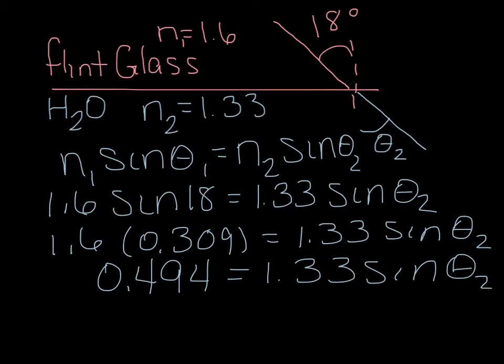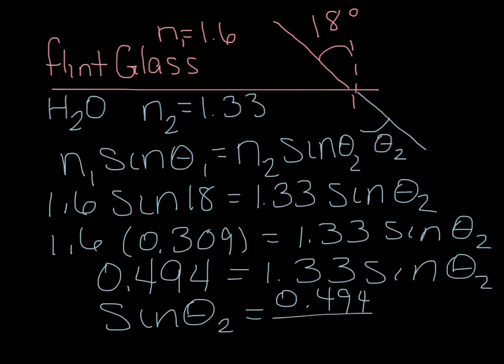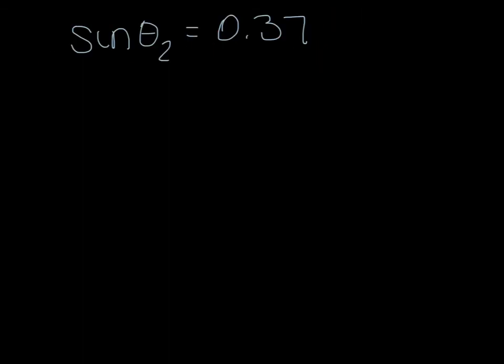Divide both sides by 1.33. That gives us the sine of theta 2 is equal to 0.494 divided by 1.33, which equals 0.37.